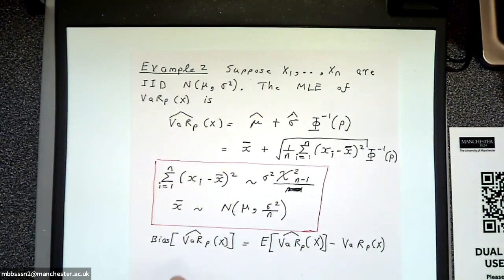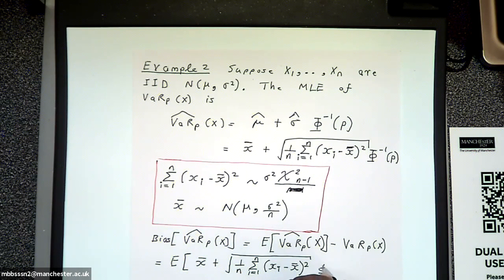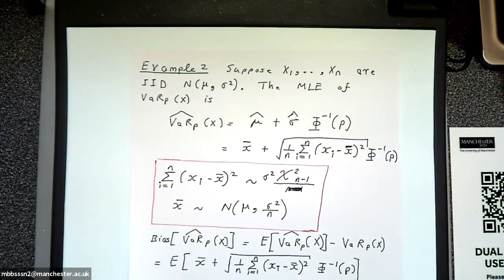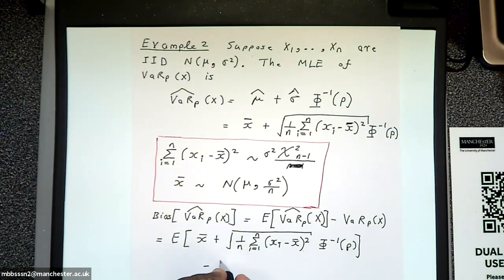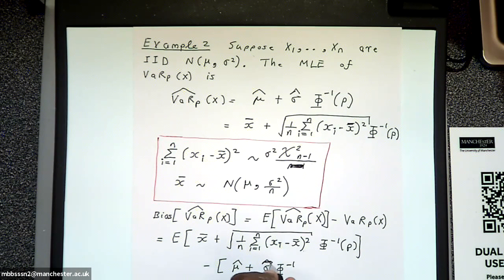Okay, so this is going to be the expected value of x bar plus... minus... so there's no hat here.